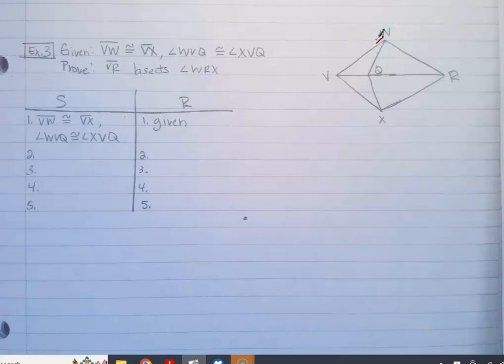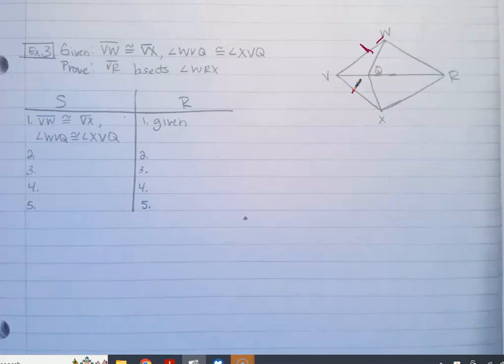You don't push any button, just write on it. There you go. VW is congruent to VX. It doesn't have to be in the center. So that tells us our segment congruence.